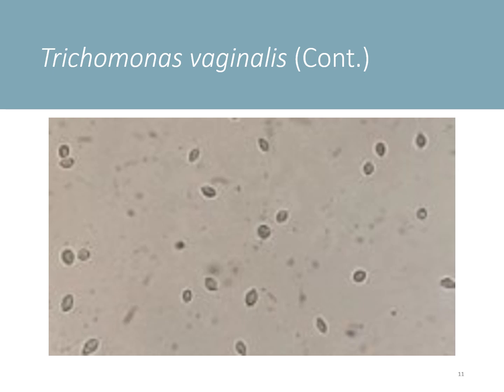So here we have a picture or a video of the organism itself moving. You can see all those pear-shaped organisms moving around, and a lot of those little flagella.